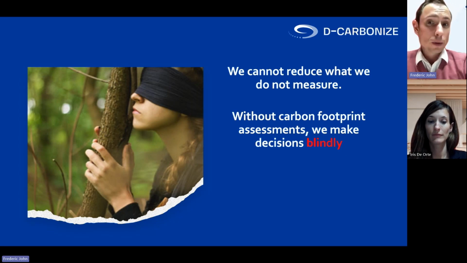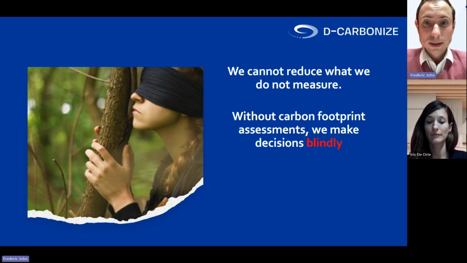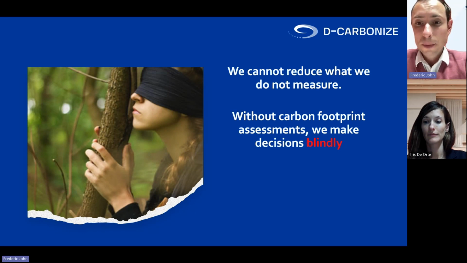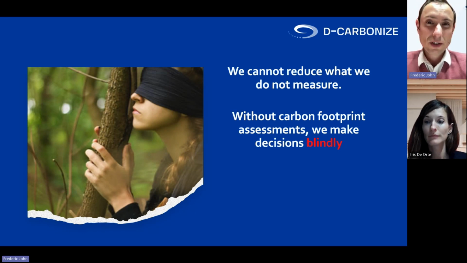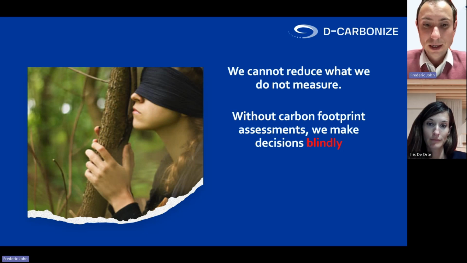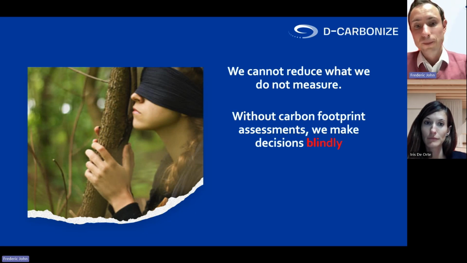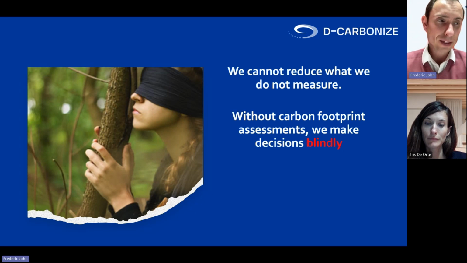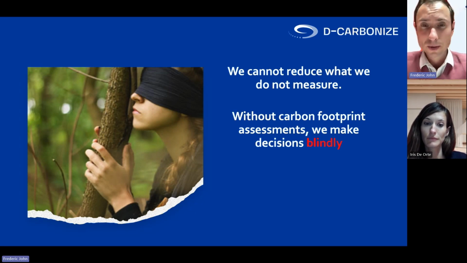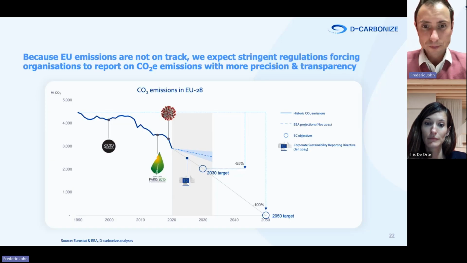And unfortunately, right now, what we realize is that without a carbon footprint assessment, we make decisions blindly. And we noticed that in quite a lot of companies, investments were made, resources were invested in some project or some other project without a proper diagnostic. And most of the time, not all of the time, but most of the time, the impact could have been greater if the measurement was done upfront.